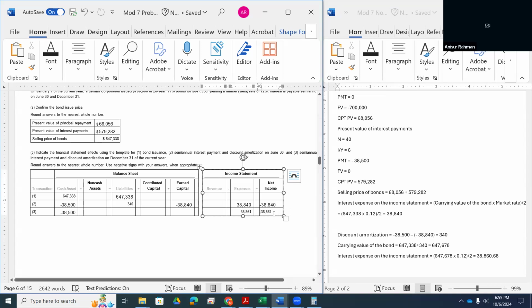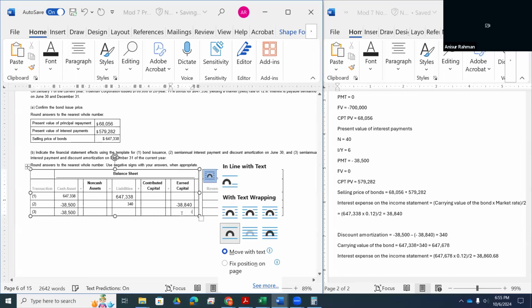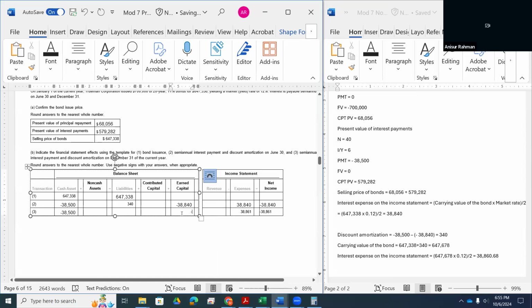Because net income is decreasing by this amount, our earned capital will also decrease by this amount.